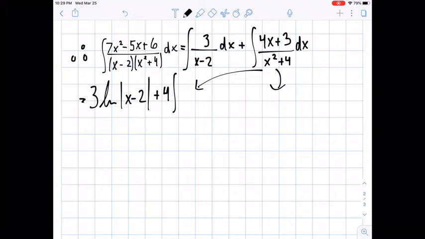So it's just going to be x divided by x squared plus 4. With the second integral, I can take out the constant 3, and it's just going to be 1 divided by x squared plus 4 dx. And let's clean that up a little bit.